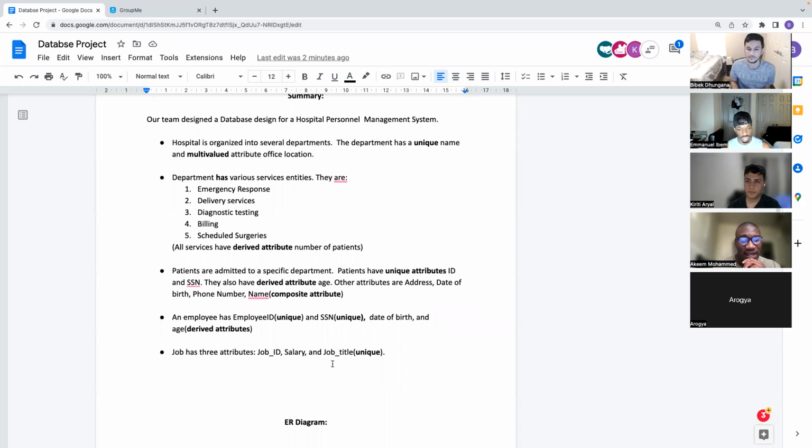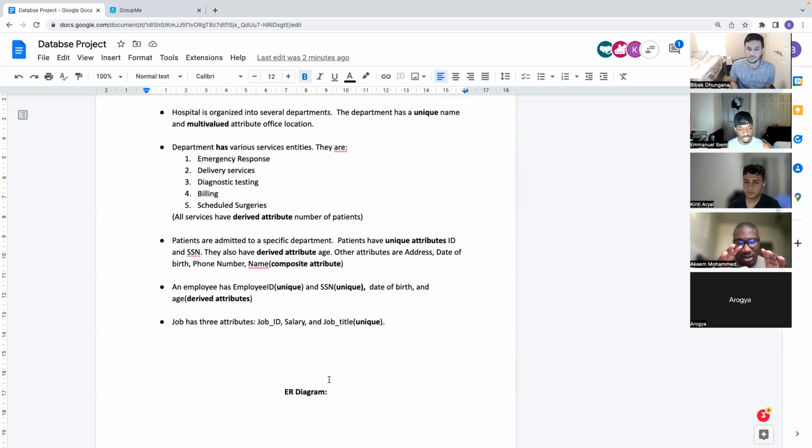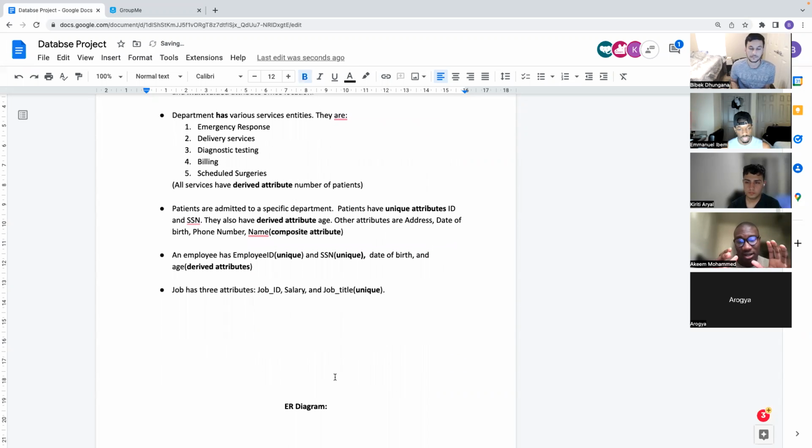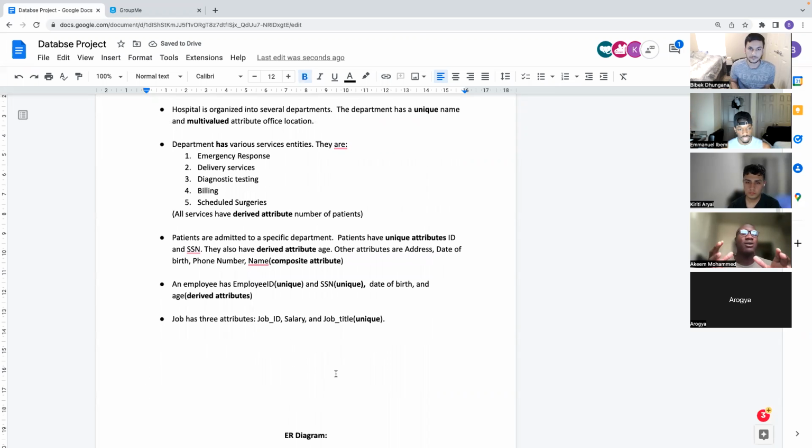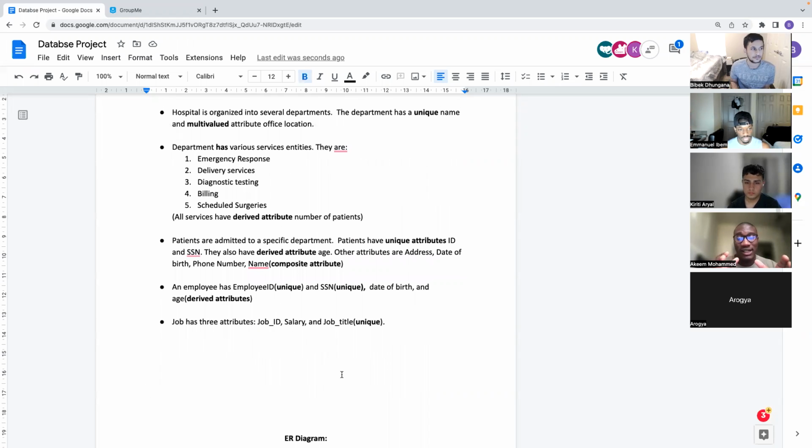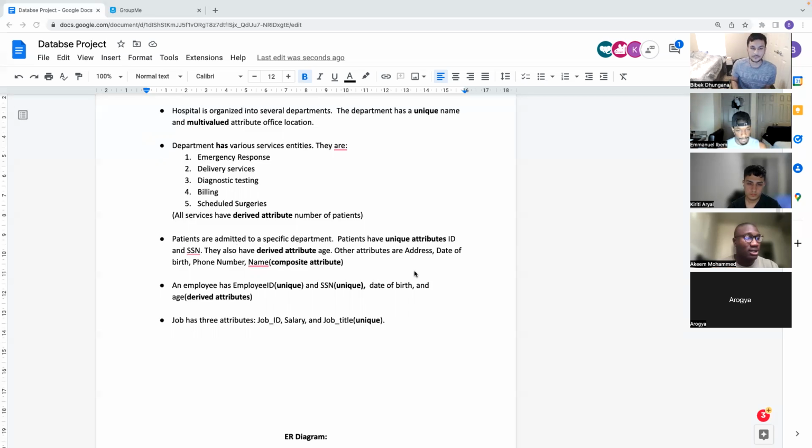We designed an ER diagram surrounding these 5 entities because we believe this is how a hospital database system should be designed and managed.